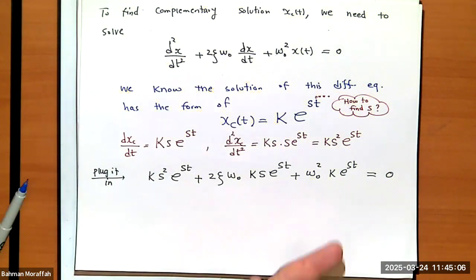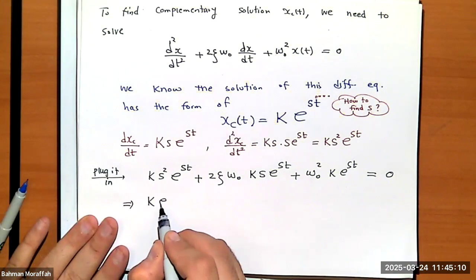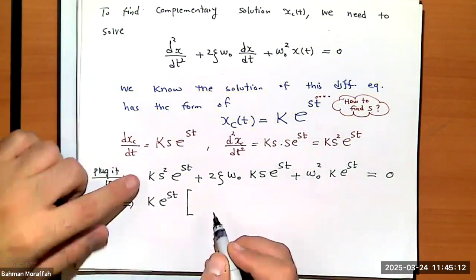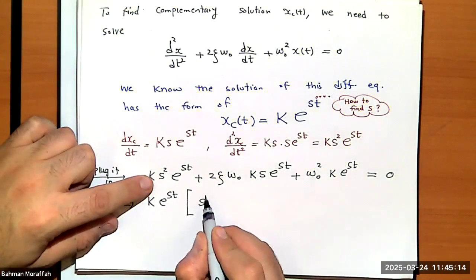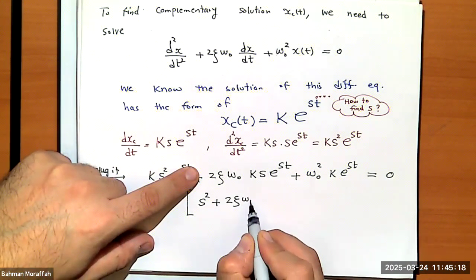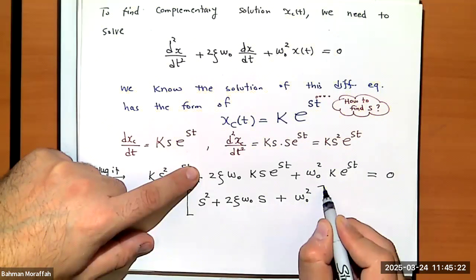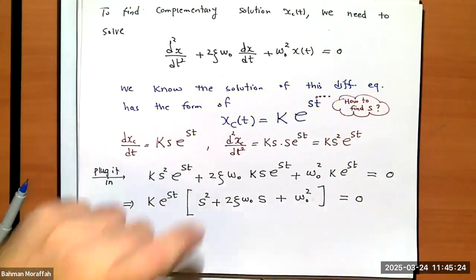I can factor out this k times e to the st. From the first term, I have s squared. From the second, I have 2c omega naught s. From the last, I have omega naught squared. And the whole thing must be 0.